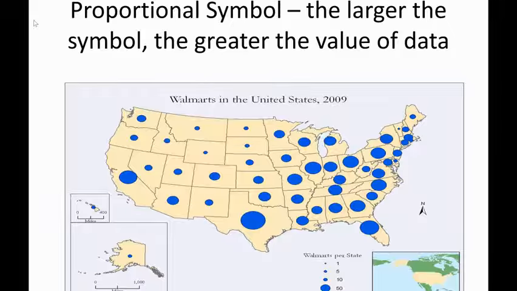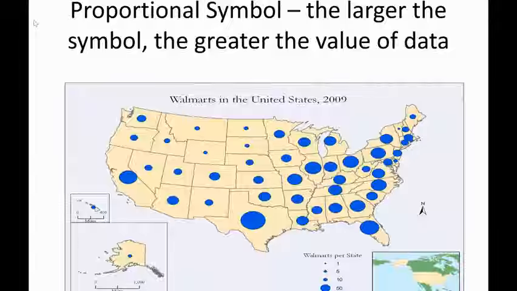Okay, last one that we're going to take a look at is a proportional symbol map. Proportional symbol map, or I've heard it referred to as a graduated symbol map, but I believe AP will refer to it as a proportional symbol map. Typically in these you find for each entity, in this case a state, you will have one value of data.